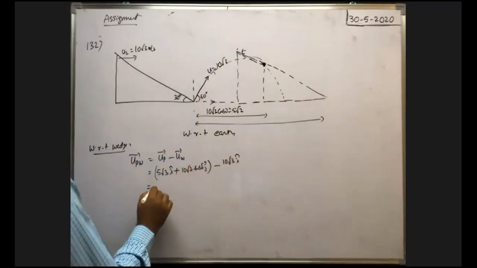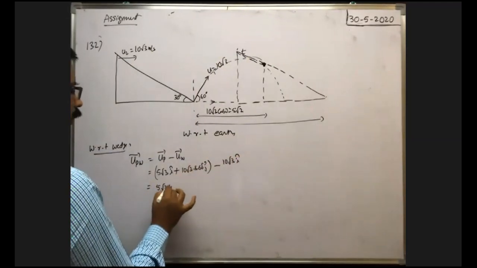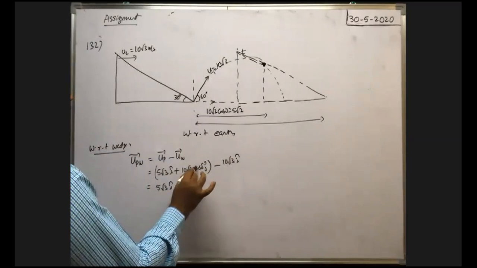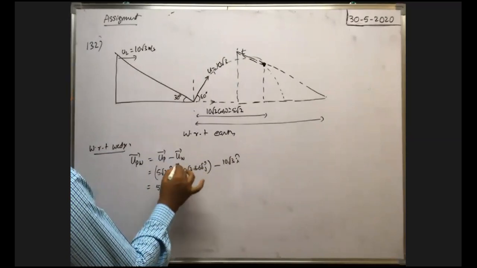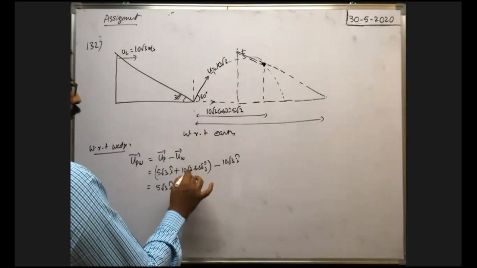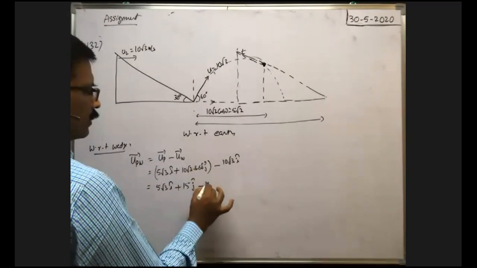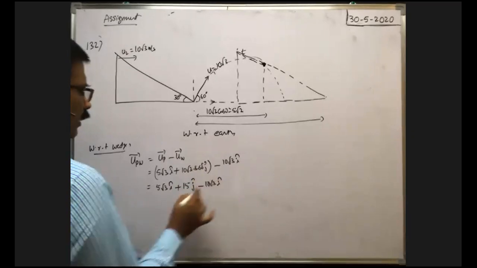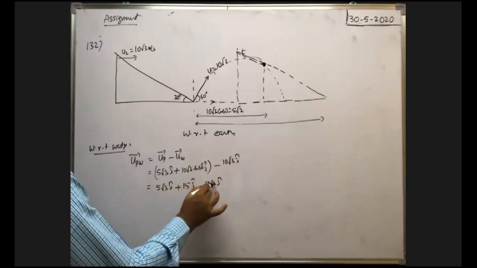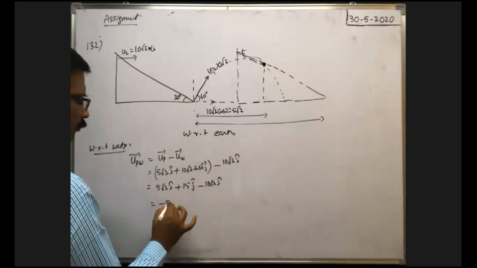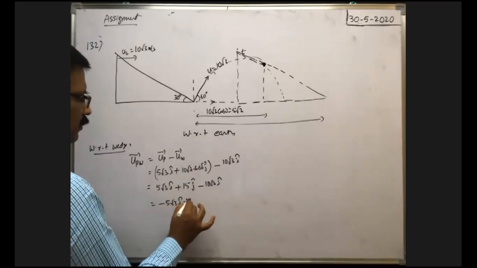Now 5 root 3 i cap plus here it is root 3 by 2, no? 5 into root 3 into root 3, 5 into 3 is 15, 15 j cap minus 10 root 3 i cap. Here already 5 root 3 i cap is there, minus 10 root 3 i cap. That means minus 5 root 3 i cap plus 15 j cap.